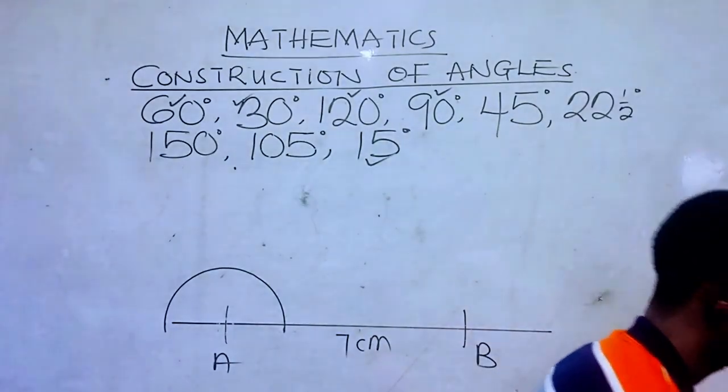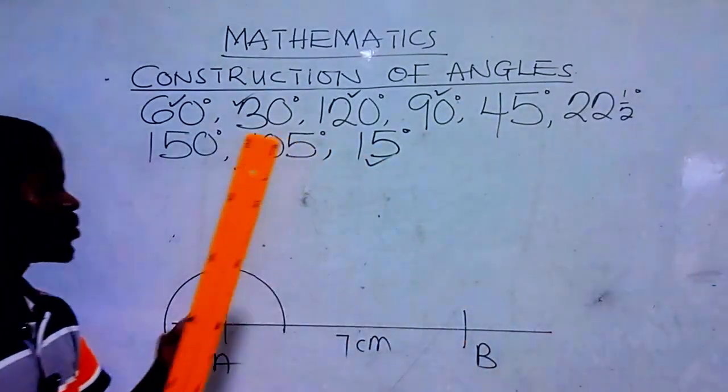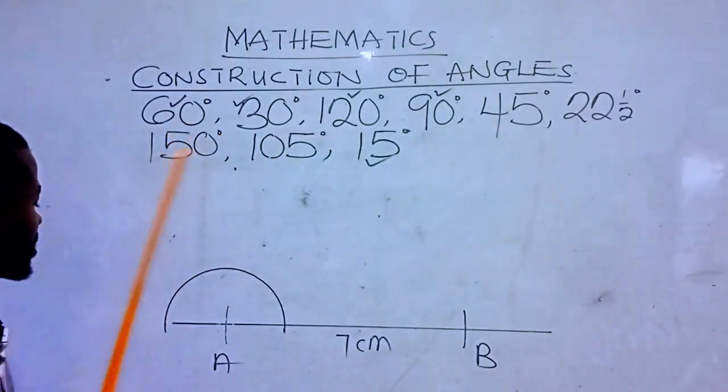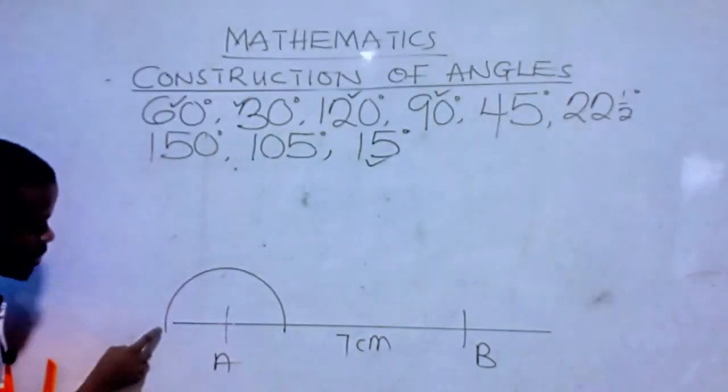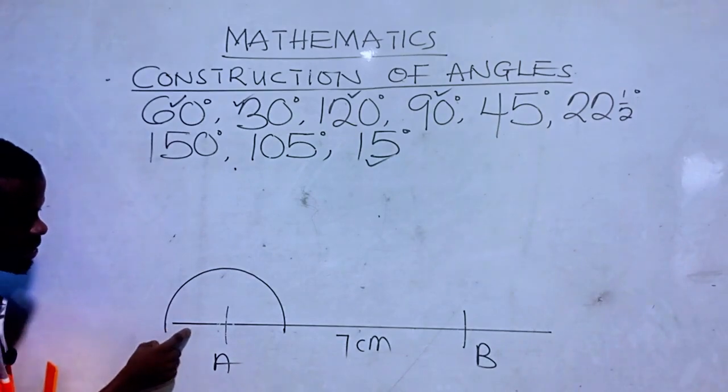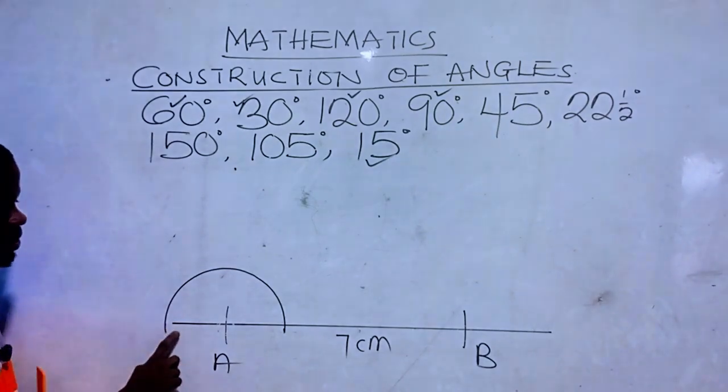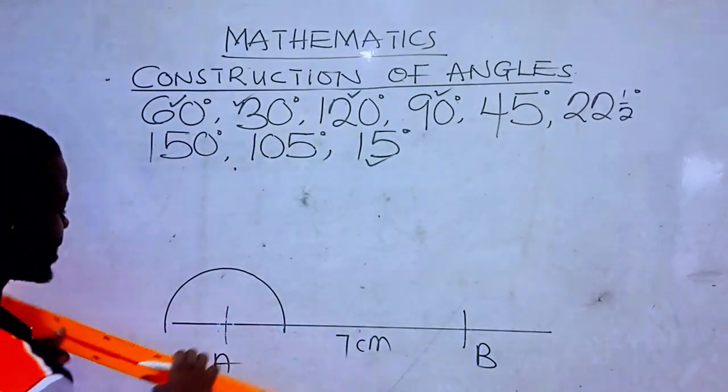Now in this approach of constructing 90 degrees, I will make sure that my compass will be here. So if the semicircle didn't cross this line, you extend it.